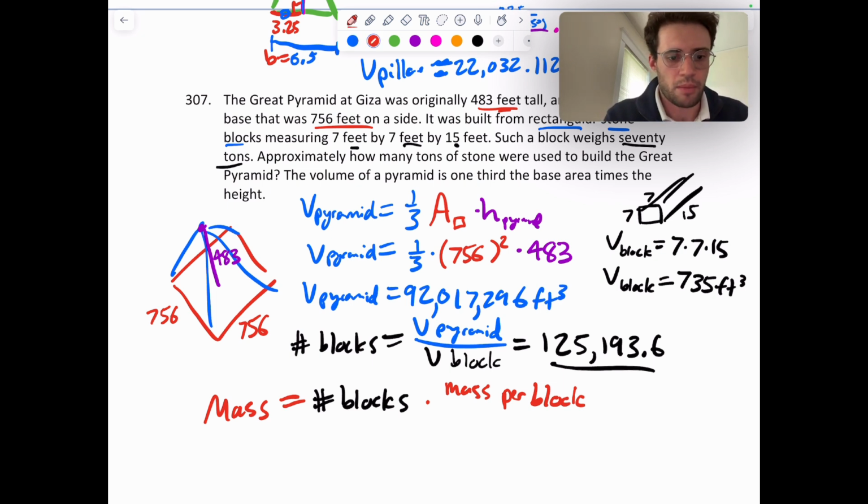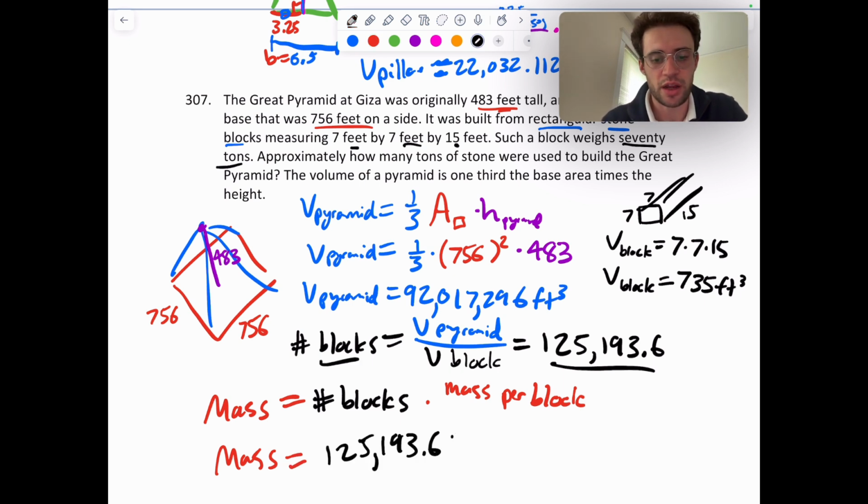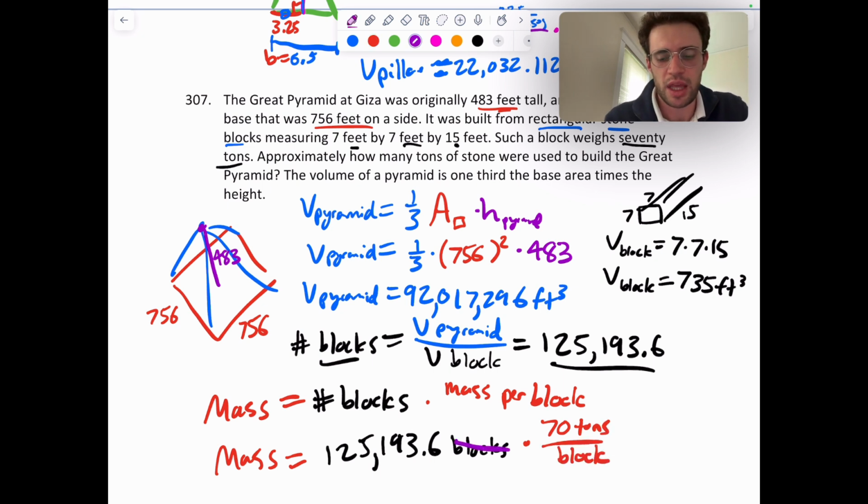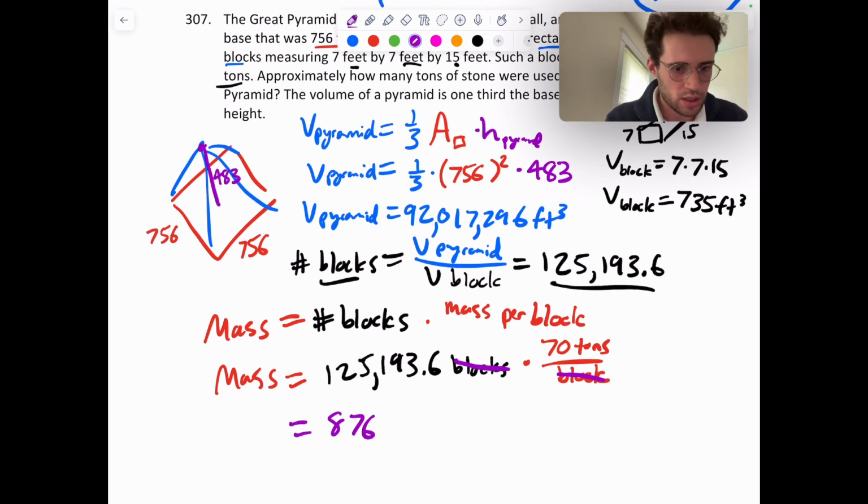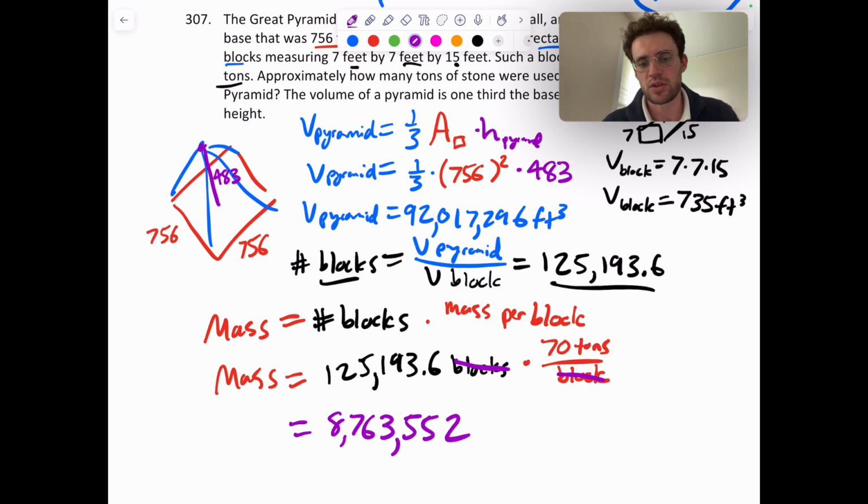So we would say our mass is equal to 125,193.6 blocks times 70 tons per block. And in this case, the blocks will cancel. We'll just get 125,193.6 times 70, which is equal to 8,763,552 tons. That's our mass.